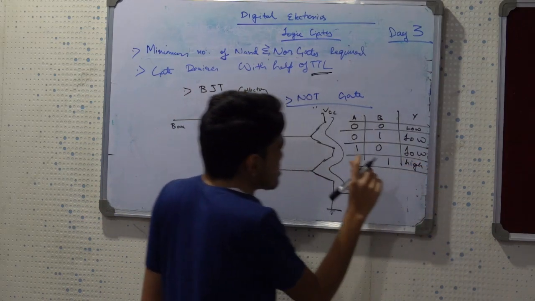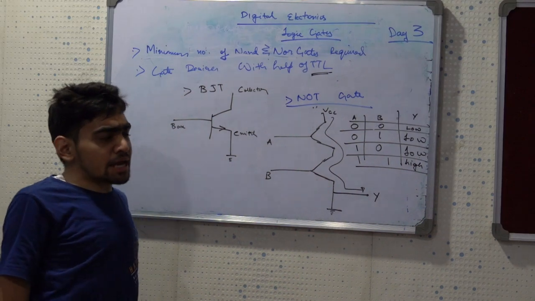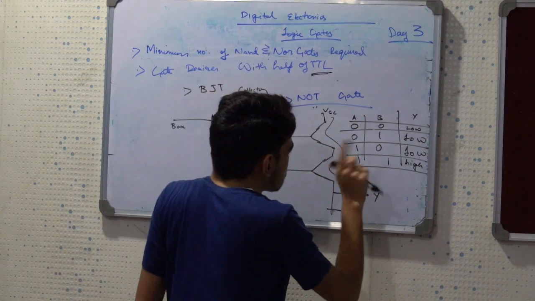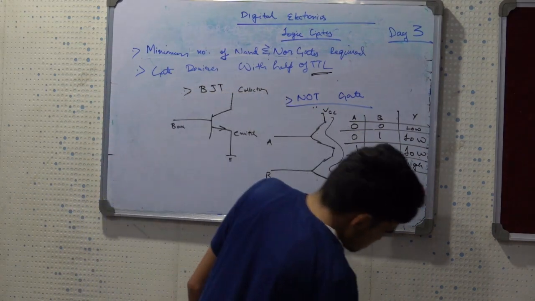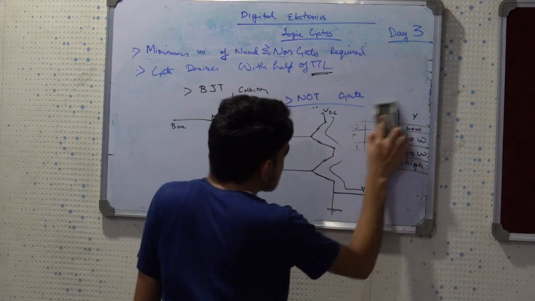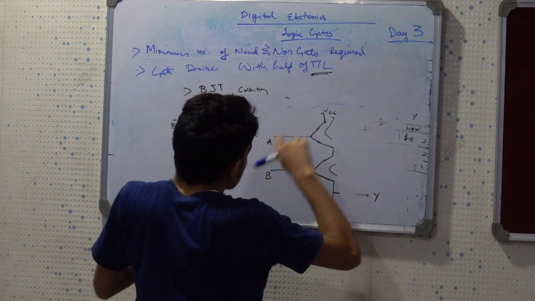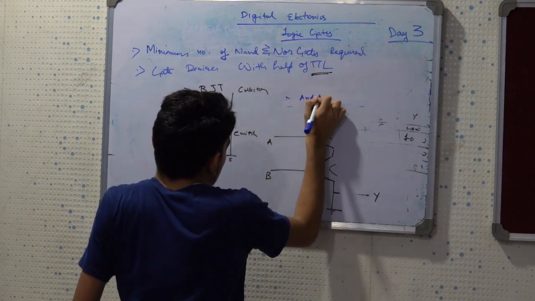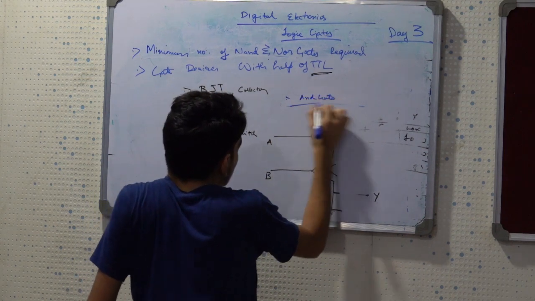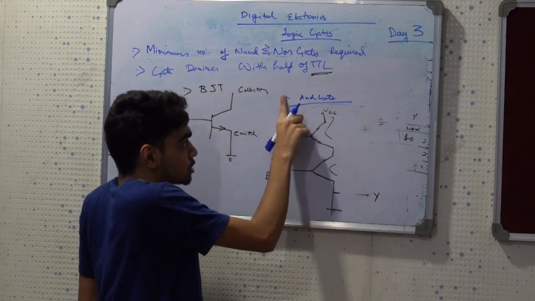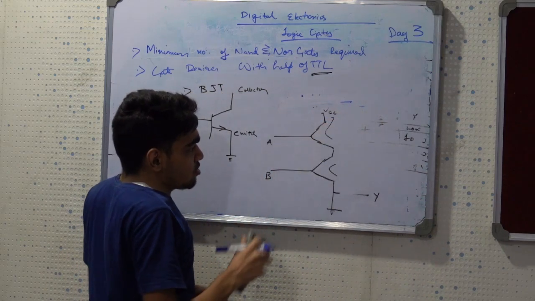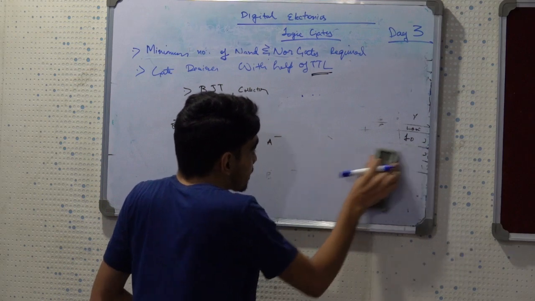So this is a typical truth table of an AND gate, where if any input is low, the output is low. Sorry, this was the AND gate. I forgot to write the heading over here. Apologies. So now let us come to the OR gate.